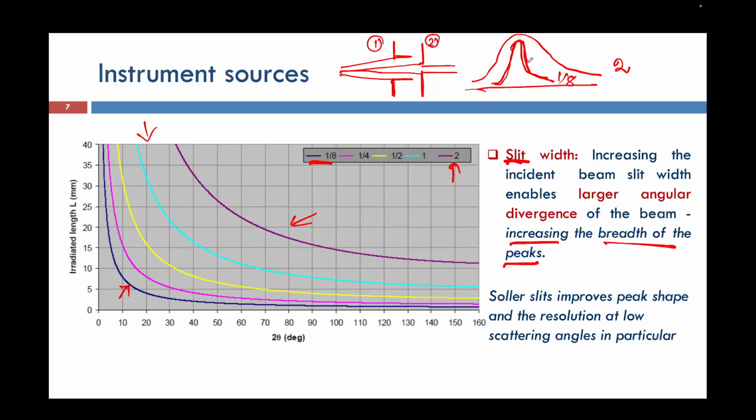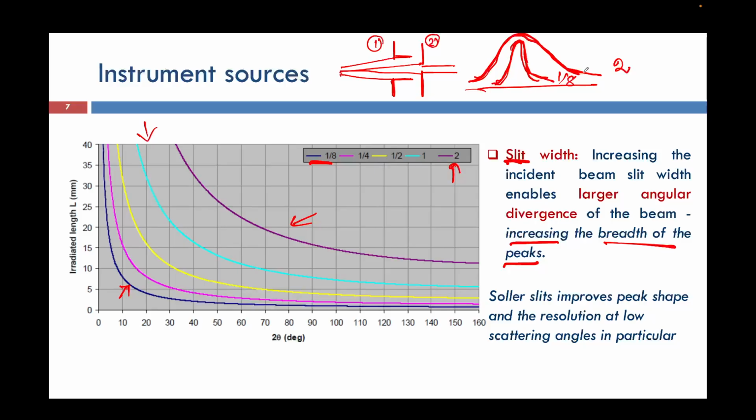However, if we get to know how much broadening is coming from the instrument, then we will say that, okay, I have got this broadened peak, but this broadening has happened due to my slit width, because I used a slit which has more width, right? So slit width affects the broadening of our peak.